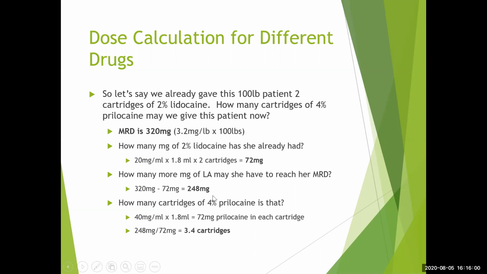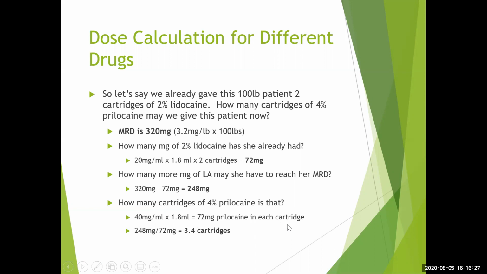The prilocaine we're using is a 4% formulation, so we have 40 milligrams per milliliter, and the size of the cartridge is 1.8 milliliters. When we multiply 40 milligrams per milliliter times 1.8 milliliters, we find out that there's 72 milligrams of prilocaine in each cartridge.